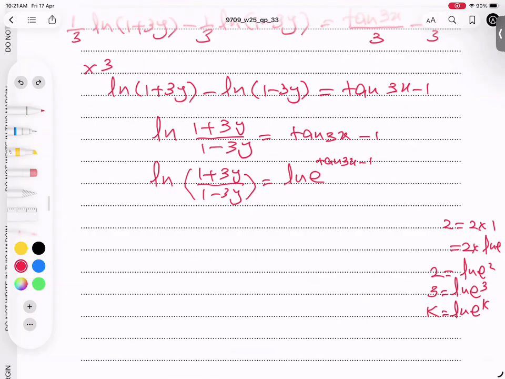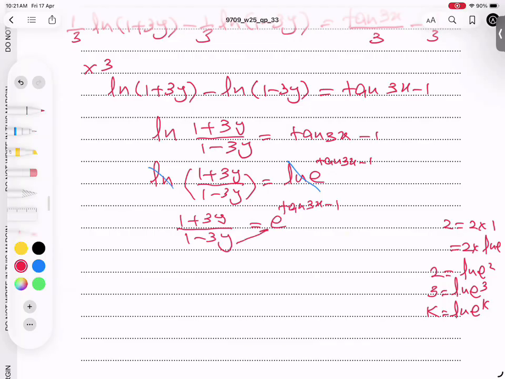After this, what to do? We will cancel the logarithm on both sides like this. And I'm getting 1 plus 3y over 1 minus 3y is equal to e to power tan 3x minus 1. Now what to do?